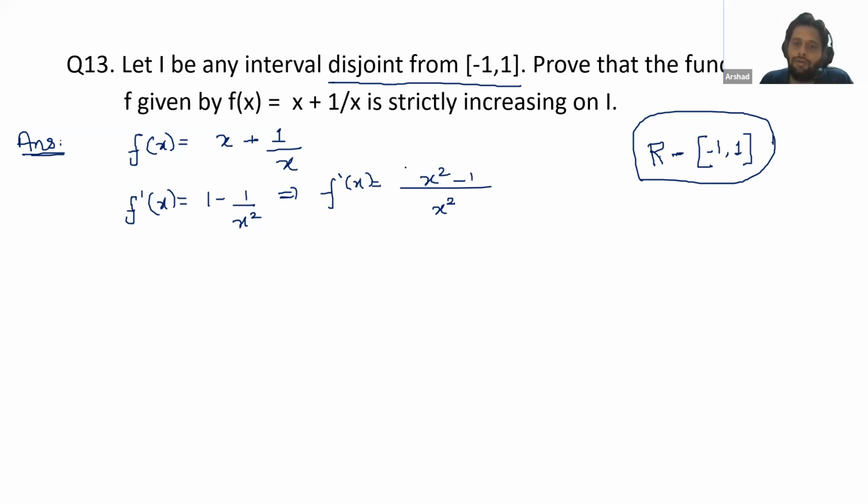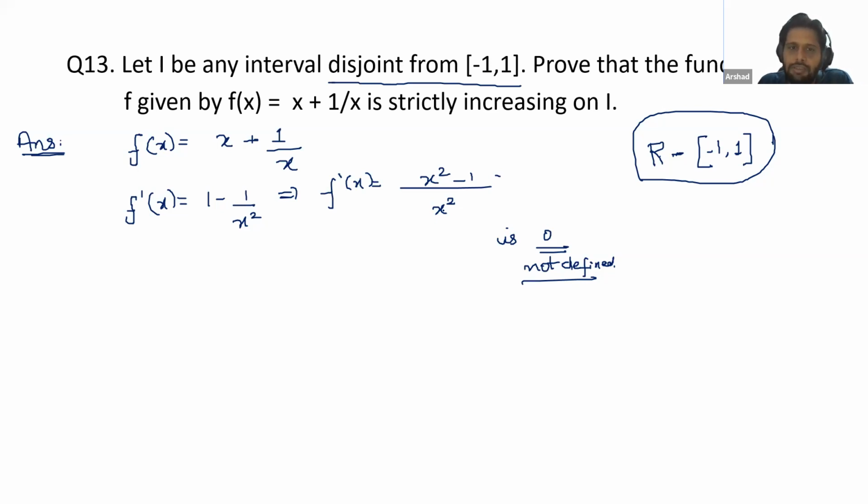Very good. So the critical points are the values of x for which f dash x is zero or not defined. Always remember: f dash x is zero when the numerator is zero, and not defined when the denominator is zero. If you have a fraction and need to find the critical points, please equate both numerator and denominator to zero.